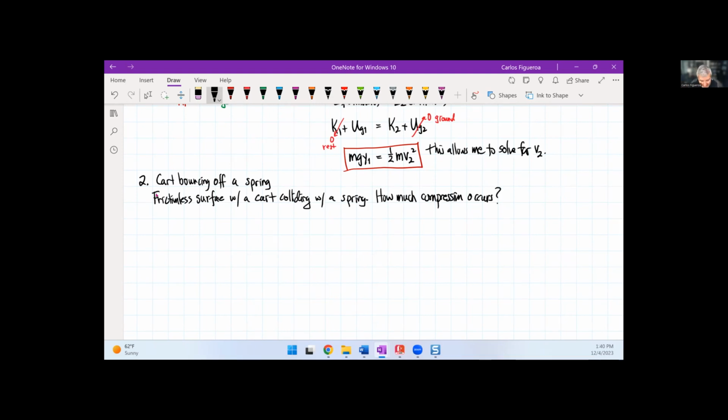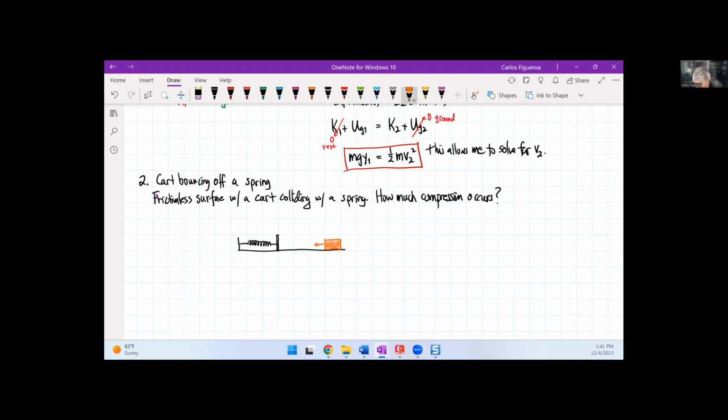So picture-wise, I imagine that we have a frictionless surface, and at this end, I have a spring. The only thing that I know here is that I'm going to have a cart coming in. So it's essentially a sliding block. We can't talk about rolling.